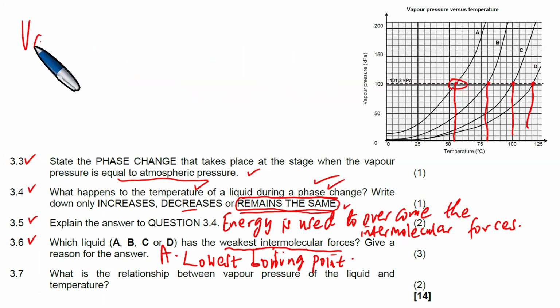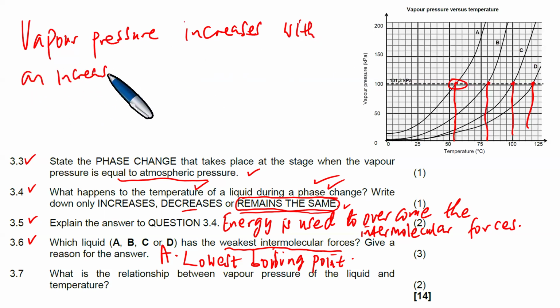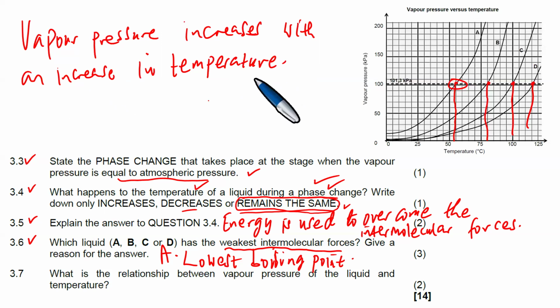So in 3.7, we're going to say the vapor pressure increases with an increase in temperature.